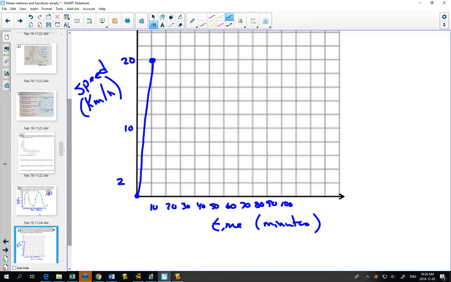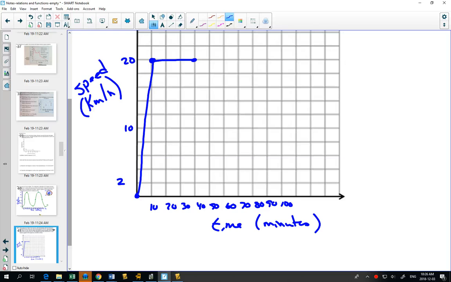She then travels at that same speed for 30 minutes. So she's at 10. 30 minutes would get her across to there. Okay? She arrives at the bottom of a hill, and her speed decreases to approximately 5 kilometers per hour for 10 minutes.